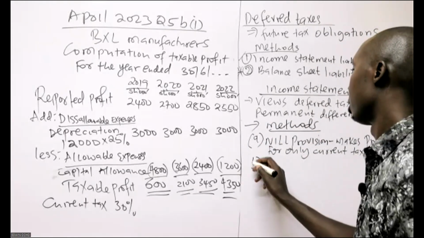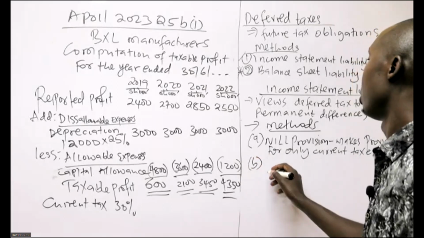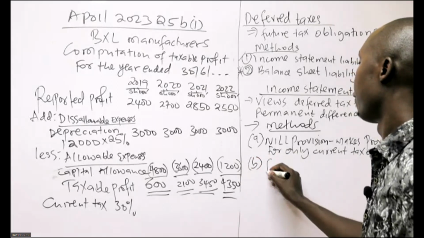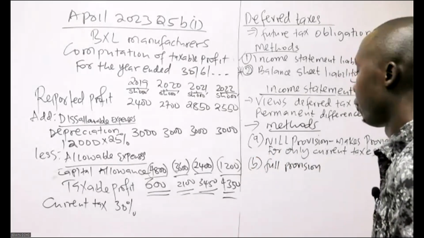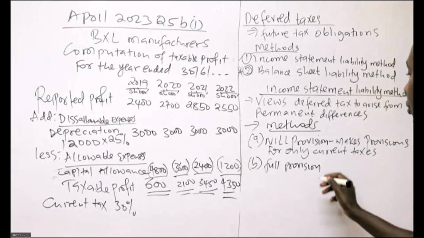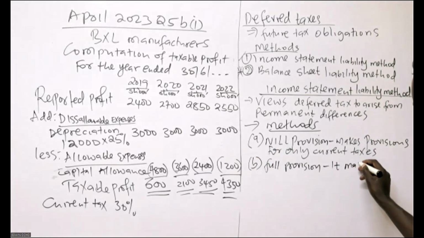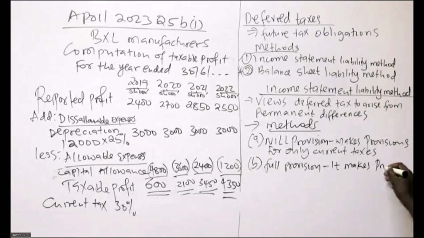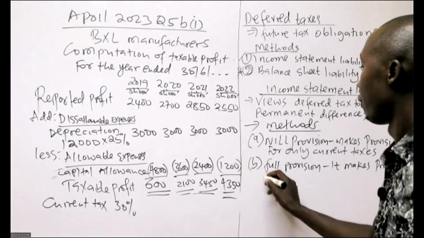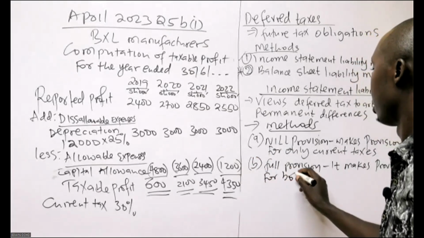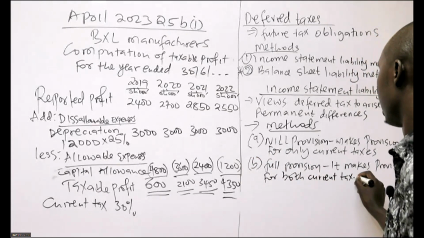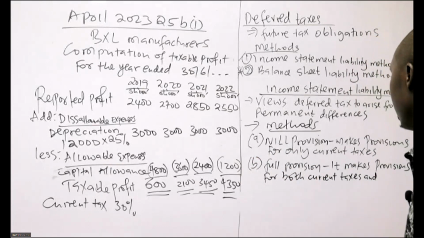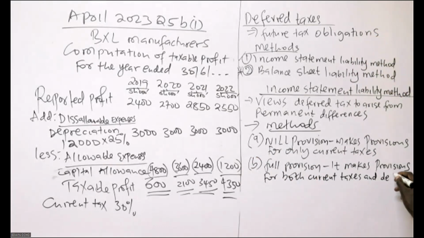Then B, we talk about full provision. It makes provisions for both current taxes and deferred taxes.